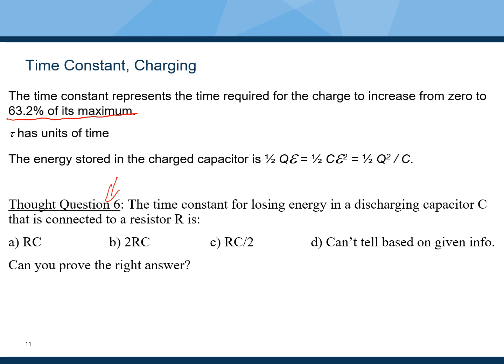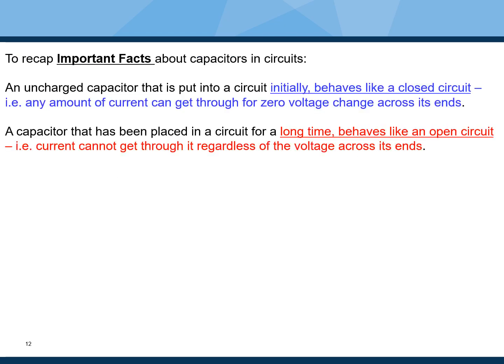And this thought question then brings us to the final transparency in this unit, which essentially reminds you of the same things that we started with, namely an uncharged capacitor that is put into a circuit initially behaves like a closed circuit. Closed circuit because it allows any amount of current to flow through without any voltage drop in it, and that is in fact because when the charge on the capacitor is zero, the voltage difference across the capacitor plates is exactly zero.